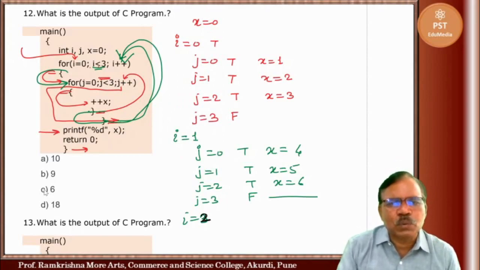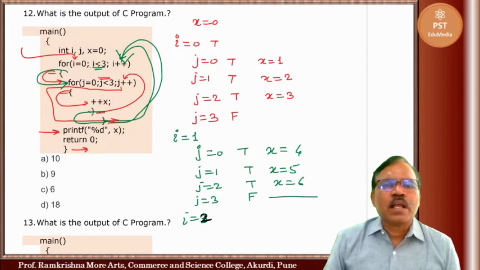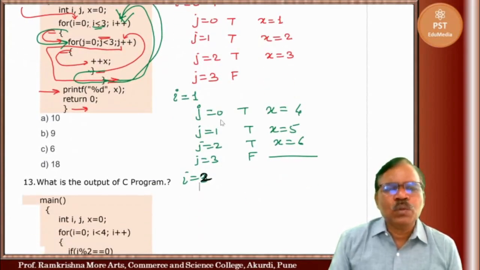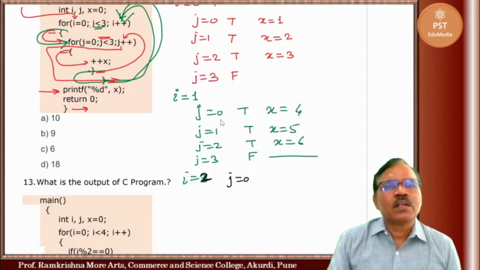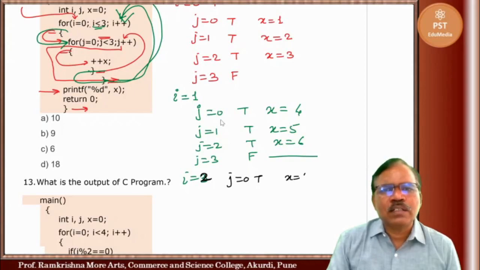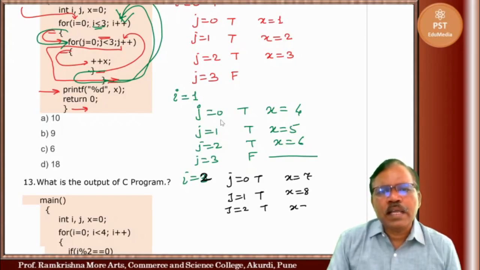Now again the condition is true, so j is 0, again it goes to the for loop, true, so x becomes 7, j equal to 1, true, x becomes 8, j equal to 2, true, x becomes 9, j equal to 3, condition is false.